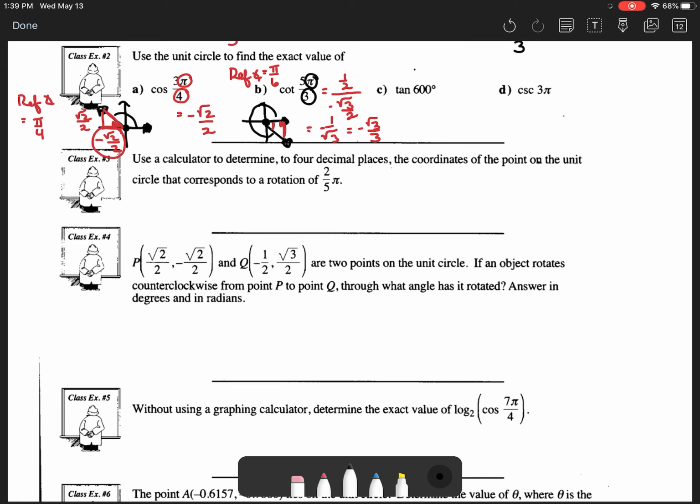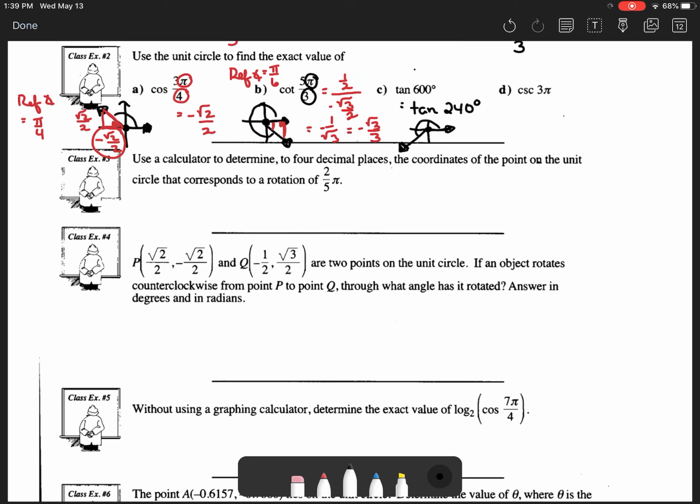So 600 degrees, obviously you remove one full rotation of 360, and that's going to be the same as the tangent of 240 degrees. So if you're talking about the tangent of 240 degrees, there's your initial arm, 240, would be down here like so.